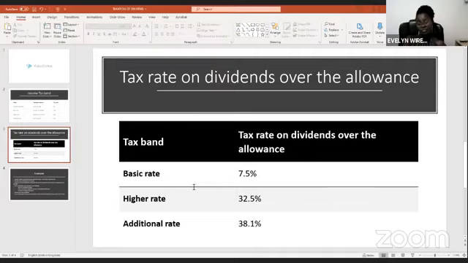Initially I said 20%, but it's actually 7.5%. That is, you pay 7.5% on your excess dividend above your dividend allowance.